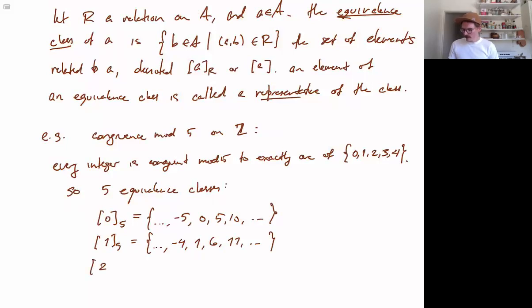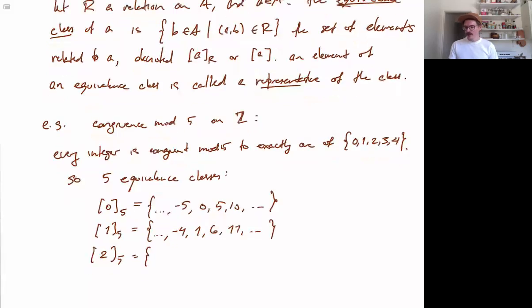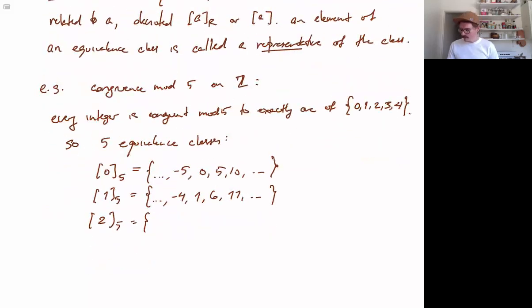The class of 2 is everything that is congruent to 2 mod 5, such as minus 3, 2, 7, 12, etc. And I'll let you fill in the rest. The equivalence classes of 3 and of 4 are similar.